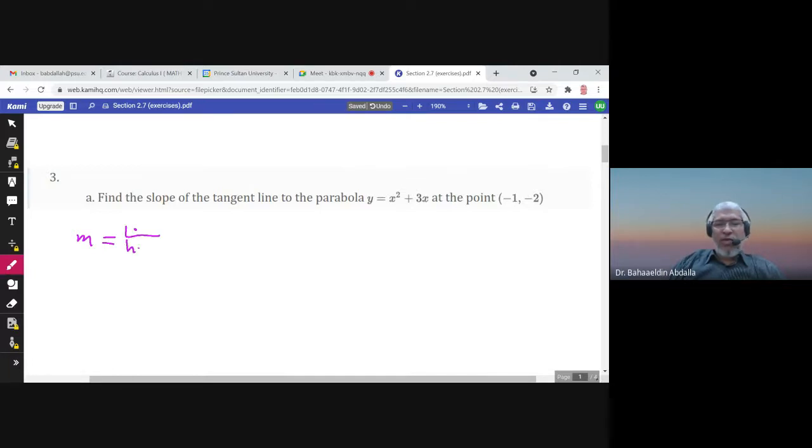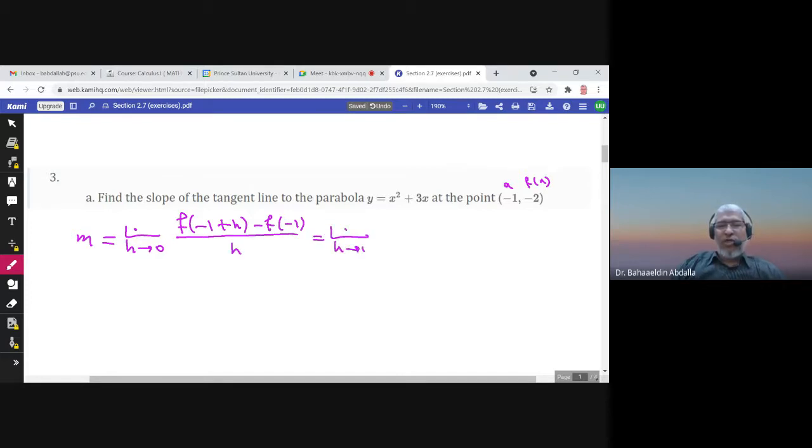I can use this definition: limit as h approaches 0 of f of a plus h minus f of a over h. Well, this is a and this is f of a. So it is f of negative 1 plus h minus f of negative 1, over h.